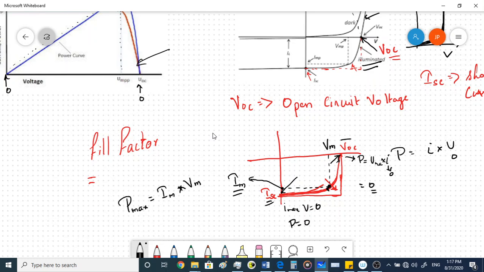Im doesn't mean it is the maximum current, but it is the current at max power. Similarly, Vm is the voltage at max power, right?